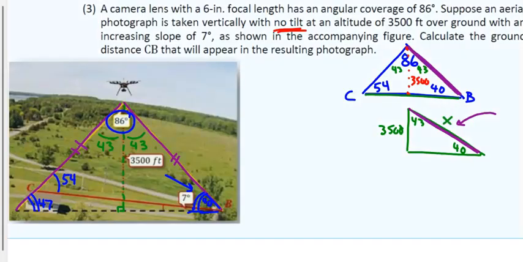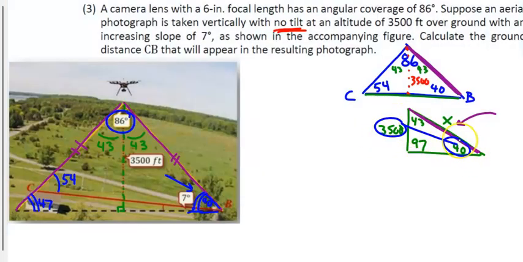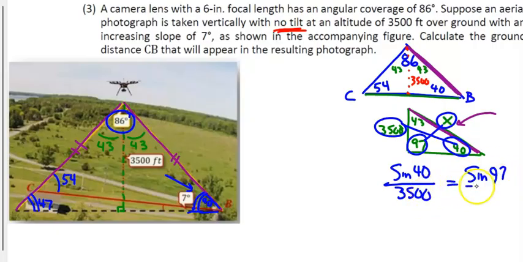All right, so the third and final angle of the triangle at the bottom is 180 minus the 43 minus the 40, so this angle is 97. I have a completed pair, and I'm looking for x, so I have the angle measurement of x. So sine of 40 degrees over 3,500 is equal to sine of 97 degrees over x. Cross multiply.